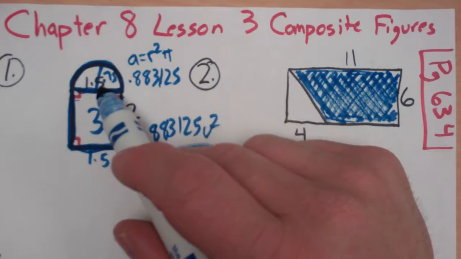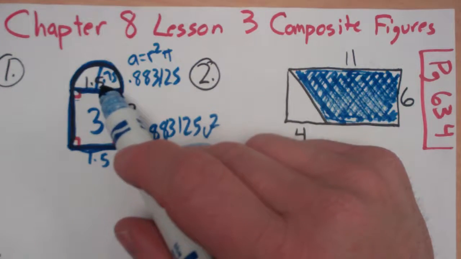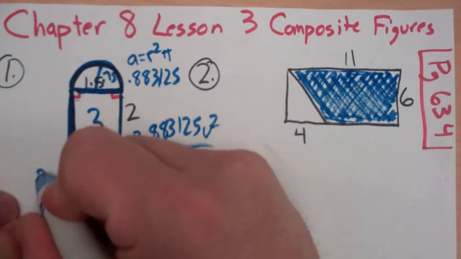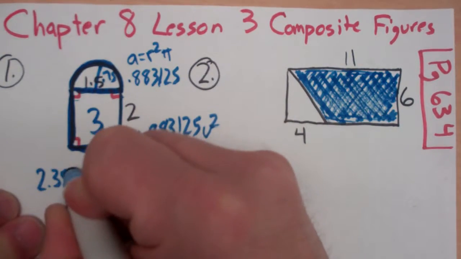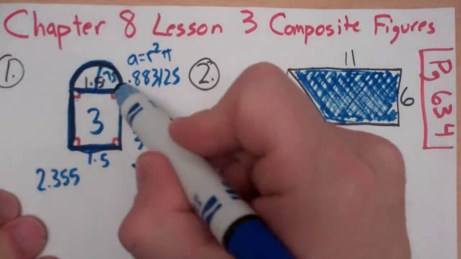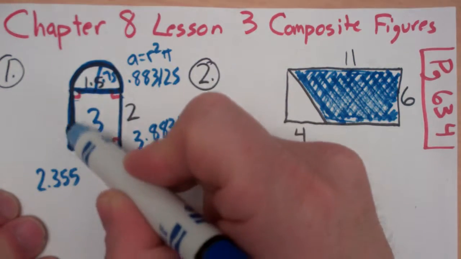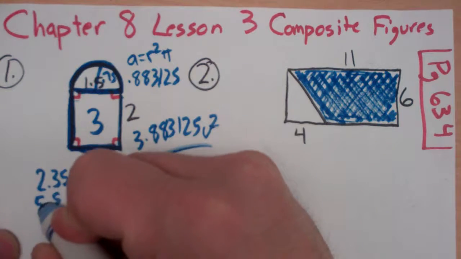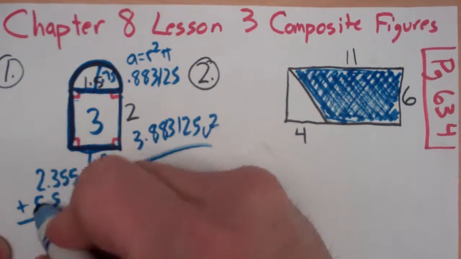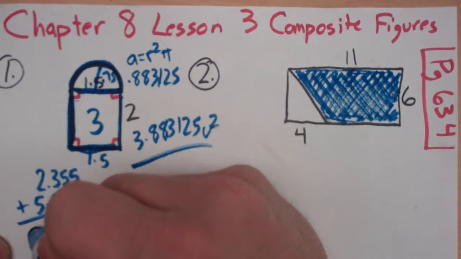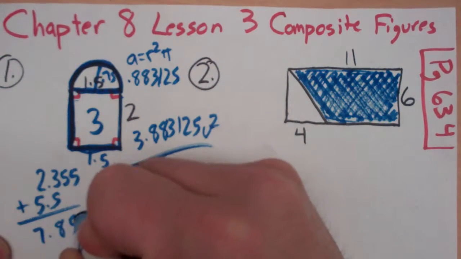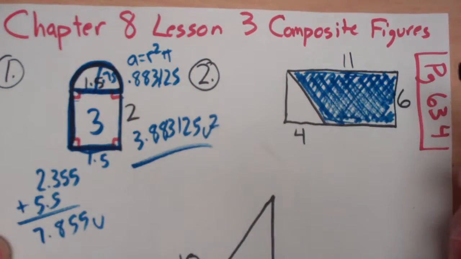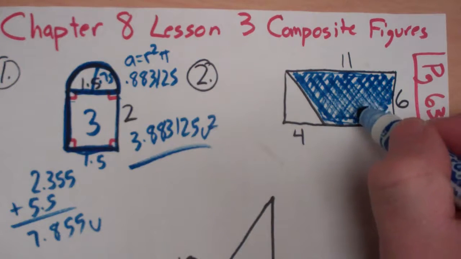Then I'd have to divide it by 2, because remember, that's only halfway around a circle, and I get 2.355. I have another 2, a 1.5, and a 2. So add that, you get 5.5. Add together around the top and around the bottom, and you're going to get 7.855 units around.